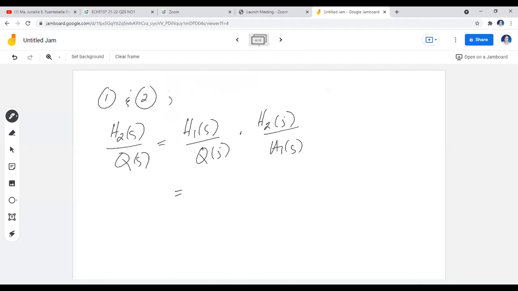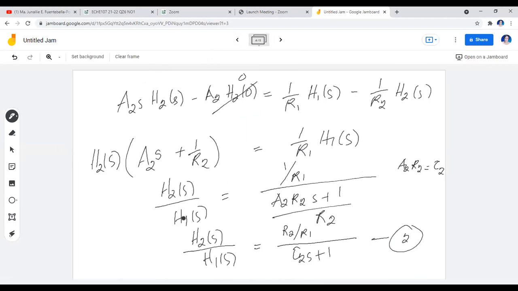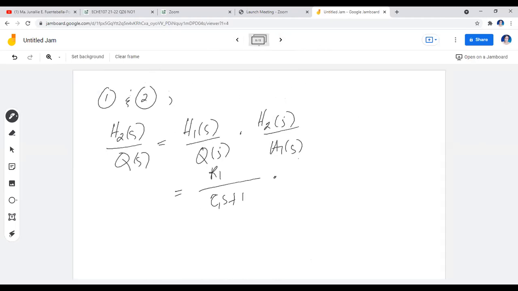So you have here an R1 over tau sub 1 S plus 1 for this. And for the H2 of S over H sub 1 of S, that would be this one, R2 over R1 over tau 2 S plus 1.